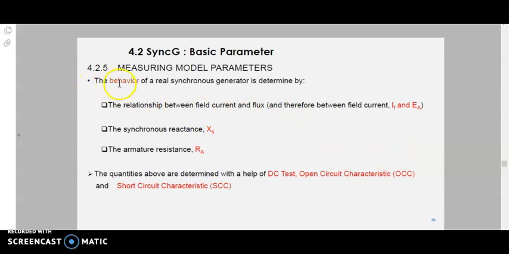So we can see the behavior or the relationship between field current and flux, IF and EA. This will be the performance of your synchronous generator: IF, EA, XS, RA. The characteristics above are determined with the help of the DC test, open circuit test, and short circuit characteristic measurement.